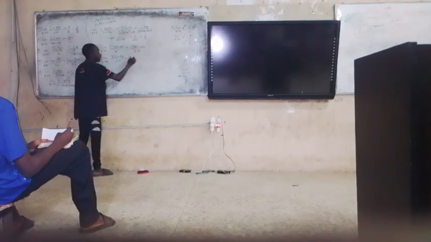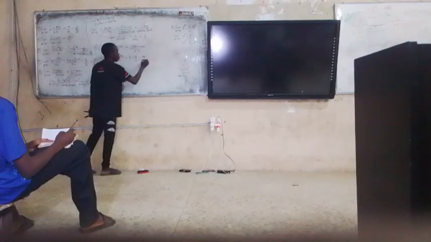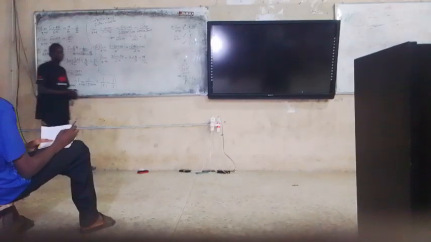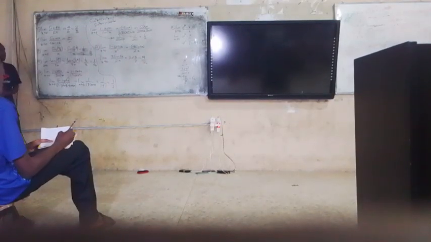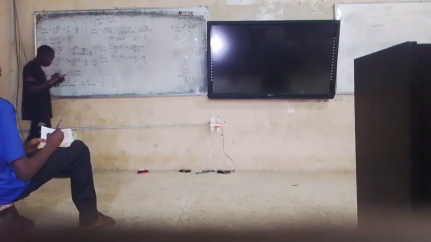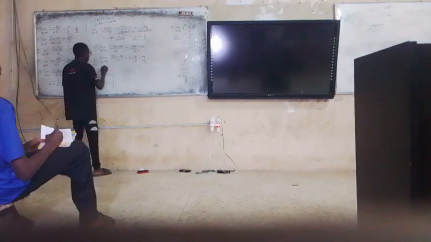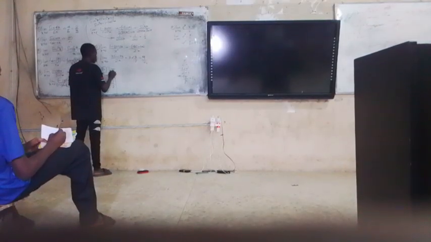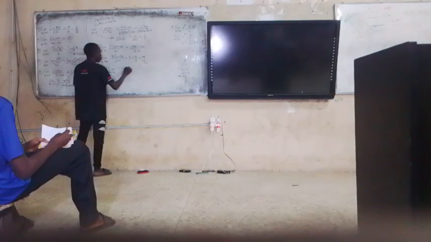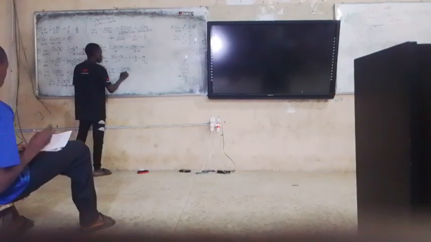Next one. As x tends to 0, 1 minus cos 4x over 1 minus cos 6x. Now, looking at it here, if you plug in your 0, you get 0 over 0. Use L'Hôpital's rule.